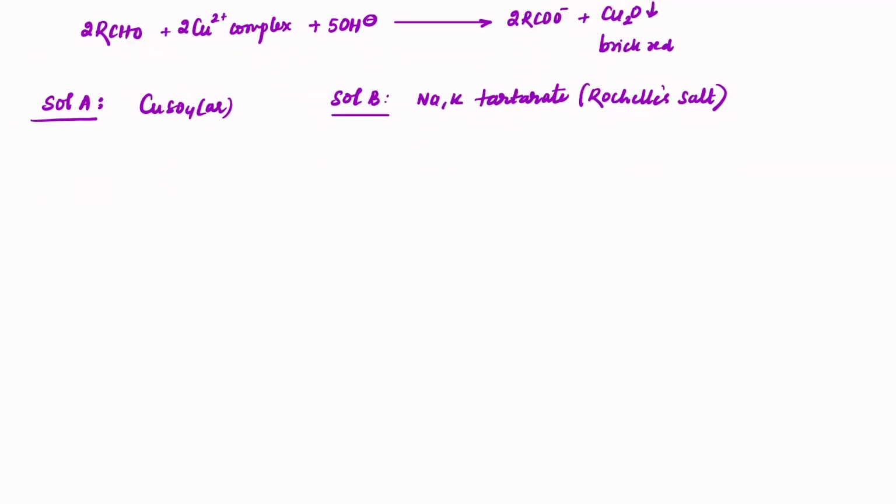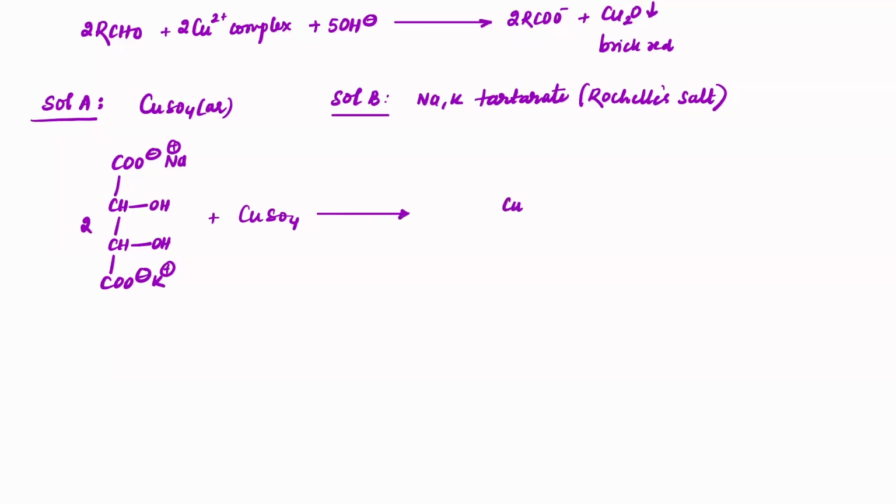How is the structure like? See, Rochelle salt will be COO minus, then we have CHOH, CHOH, and COO minus. If I connect this with sodium on one end and potassium on one end, this will become sodium potassium tartarate. Now, as you treat this with copper sulfate, 2 moles, it will convert into a complex form. So that is Cu connected with 4 bonds with 4 oxygens here, this way.